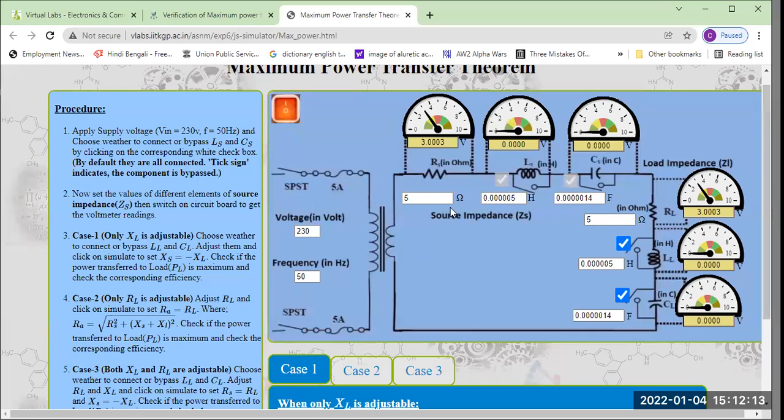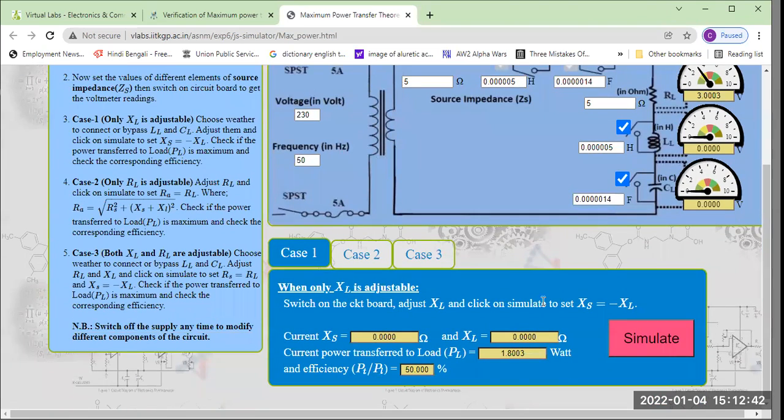Source resistance 5, load resistance also 5, source inductance is 0.00005, and load inductance is also 0.00005. Source capacitor is 0.00014, and the load capacitor is 0.00014. So all are the same. Then we check the efficiency. Efficiency is 50%.